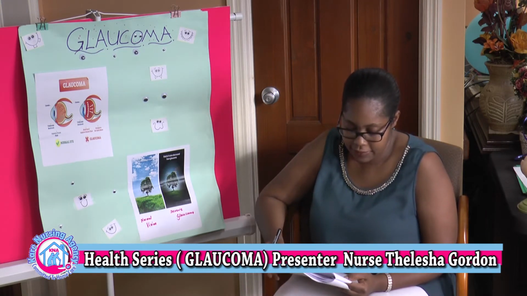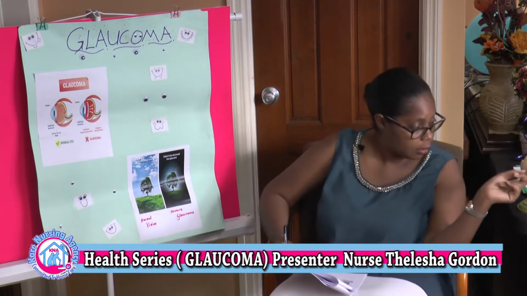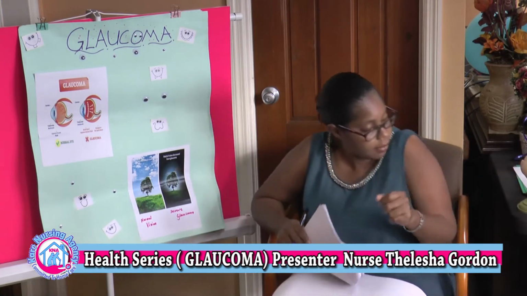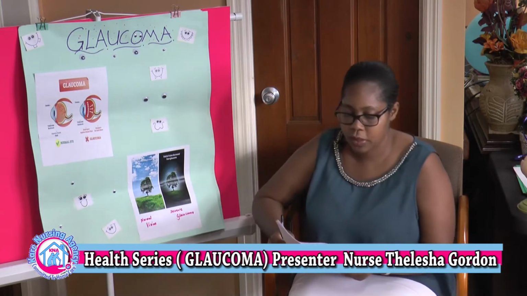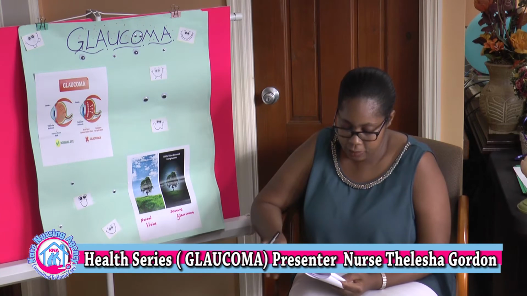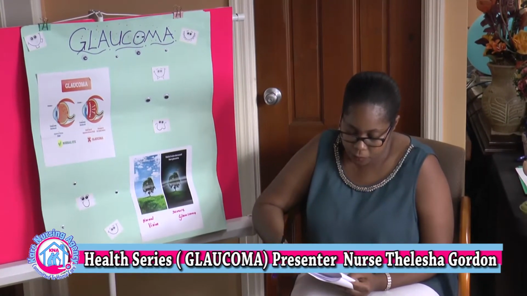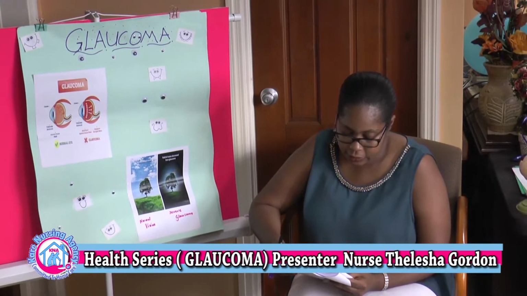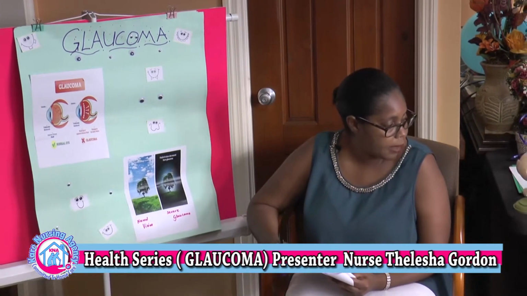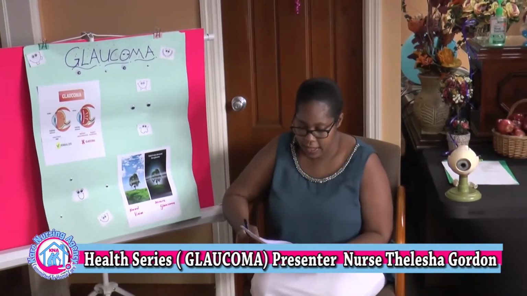It involves examining the optic nerve by looking through the ophthalmoscope at the optic nerve. Sometimes you need the eye to be dilated using dilating drops to dilate the pupil, so the doctor can have a better view of the fundus, which is the back of the eye, and the optic nerve as well.